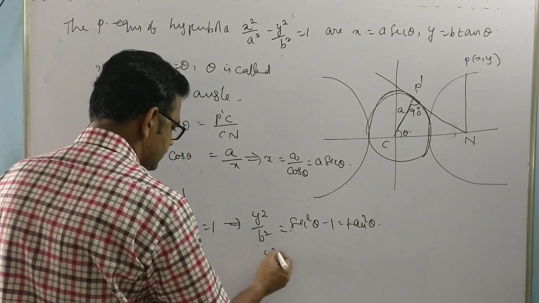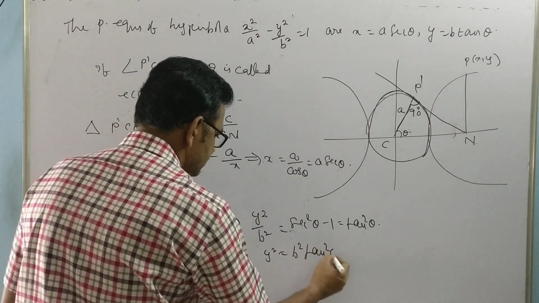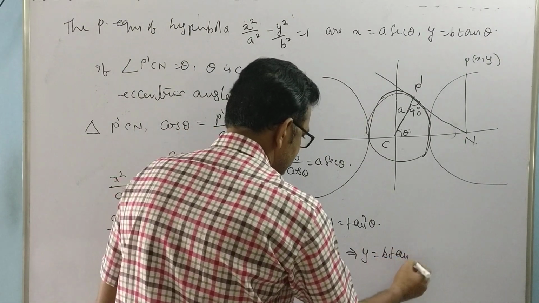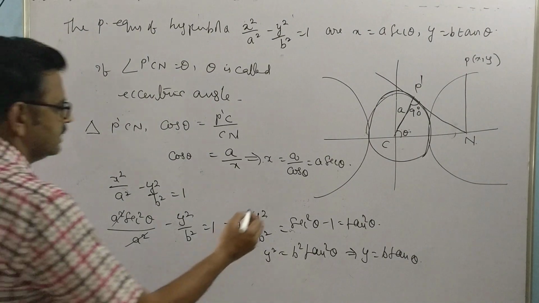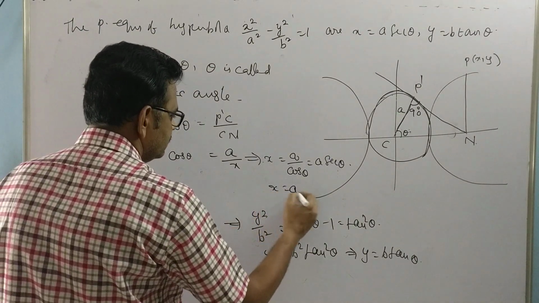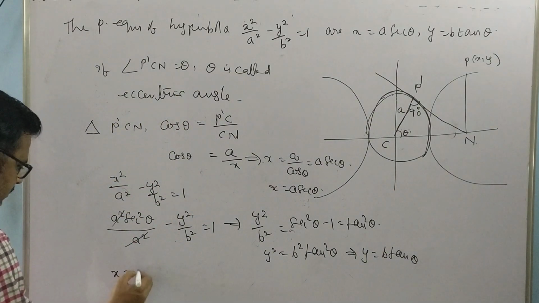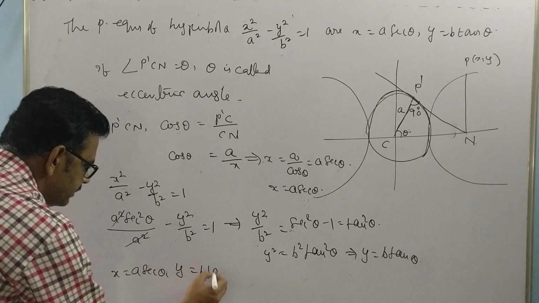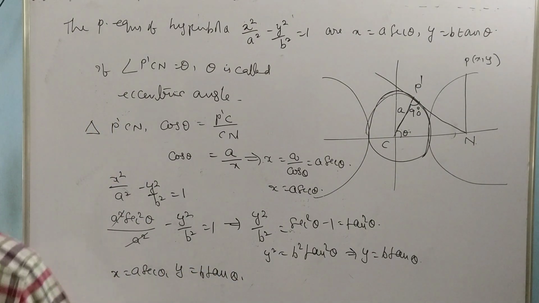Therefore y square is equal to b square tan square theta, which implies y is equal to b tan theta. Therefore x is equal to a secant theta and y is equal to b tan theta.